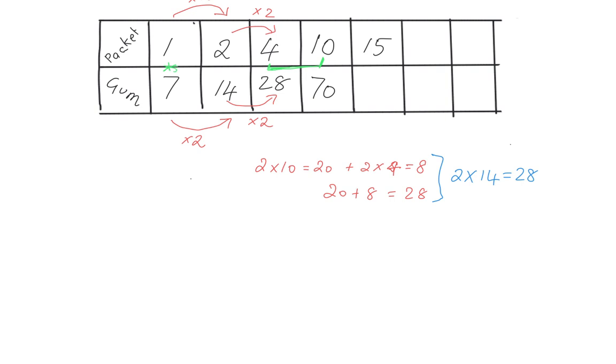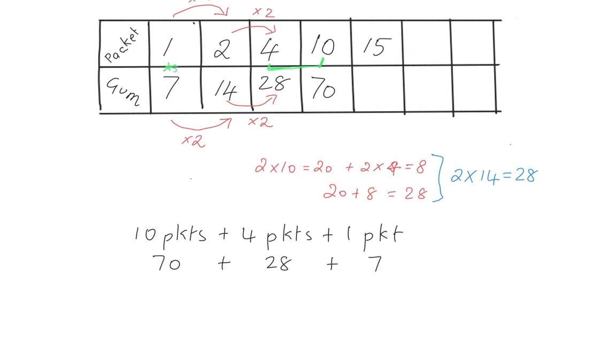So we've got 10 packets plus 4 packets plus 1 packet, and 10 packets is 70, 4 packets is 28, and then 1 packet is 7.